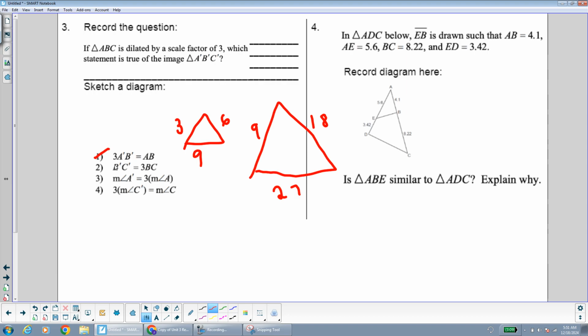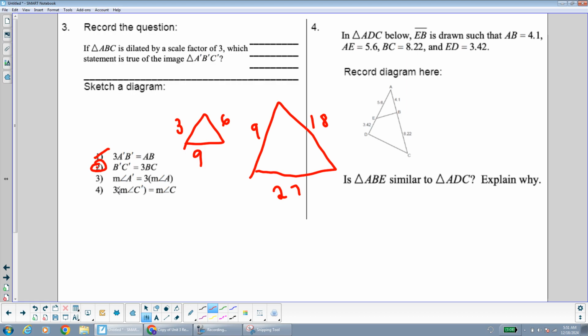This next one is saying that the length of the image after the dilation is triple the original. That's true. You do take the original and multiply it by 3 to get the new one. In number 3, it says the angle after the dilation is 3 times the original angle.